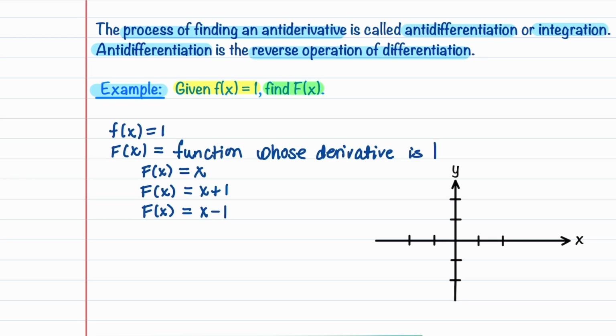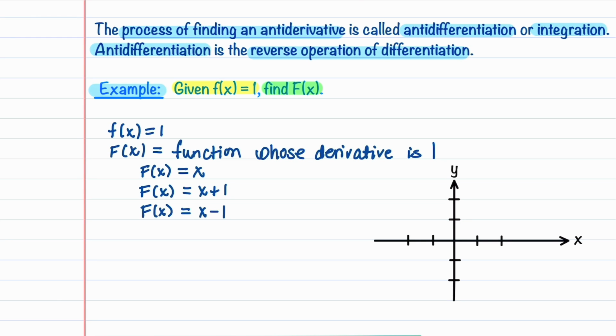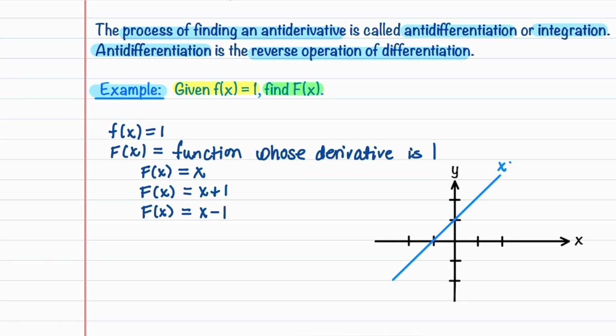Let's go over here to the right and let's graph these solutions. This is the graph of x plus 1, and then this is the graph of x, and this is the graph of x minus 1.